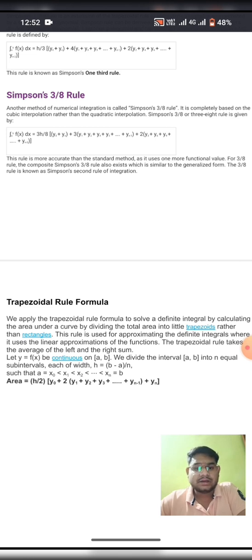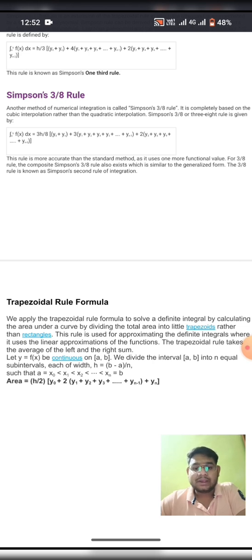Simpson's 3 by 8 rule is given by integration from a to b f(x) dx equals 3h by 8 [y0 plus yn, the first term and the nth term, plus 3 into the sum of all the terms up to n minus 1 except multiples of 3, plus 2 into the sum of multiple of 3 terms].